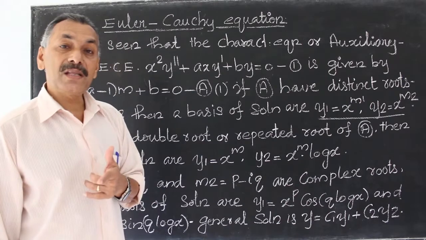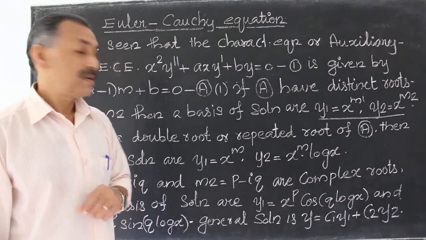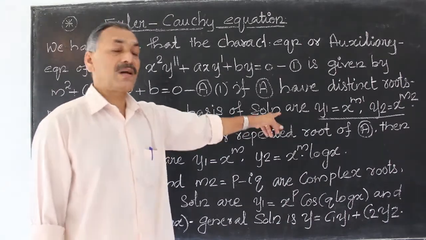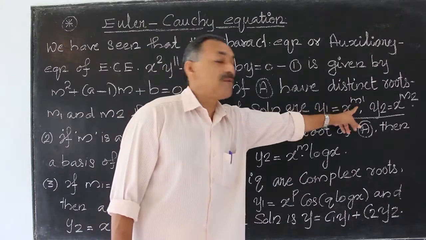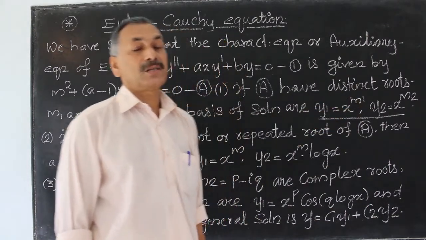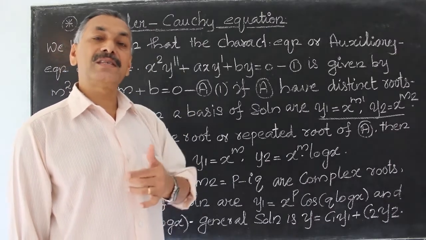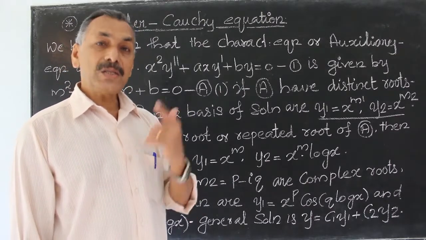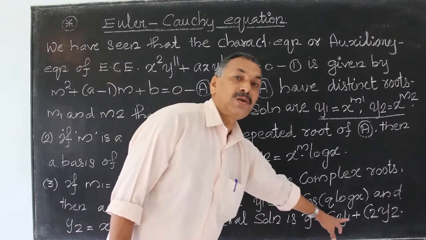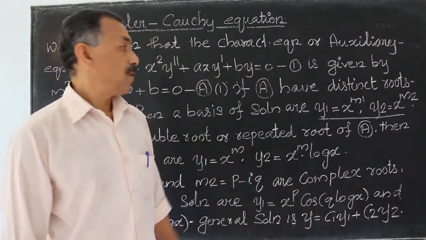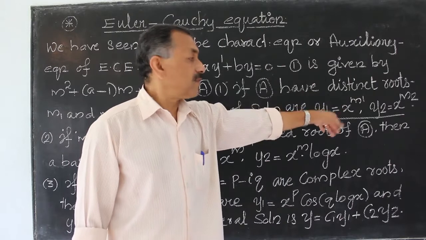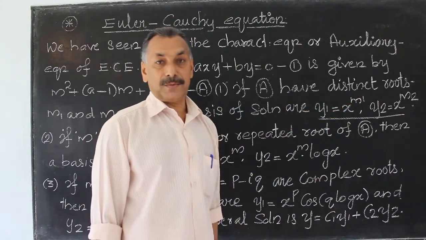We assume that y is equal to x raised to m. Therefore, a basis of solutions are y1 is equal to x raised to m1, y2 is equal to x raised to m2. If y1 and y2 are a basis of solutions, then the general solution is given by c1 y1 plus c2 y2, or c1 x raised to m1 plus c2 x raised to m2.